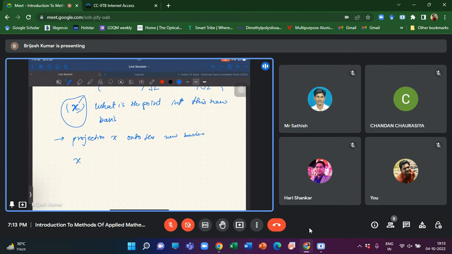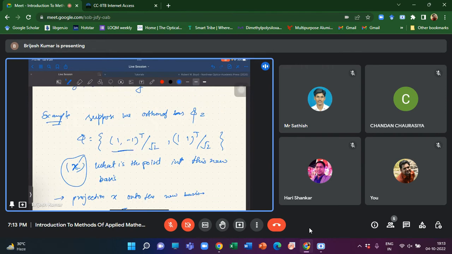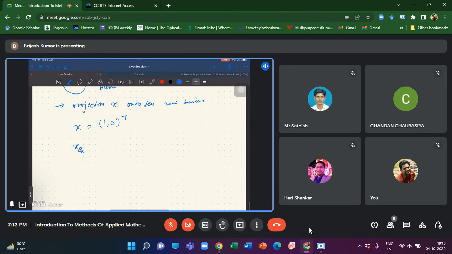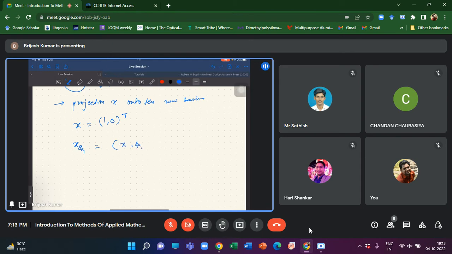Suppose this x is considered (1, 0) transpose, and phi 1 is this one and this is phi 2. If we project this x on phi 1, then we will get x comma phi 1. We compute that projection like that.